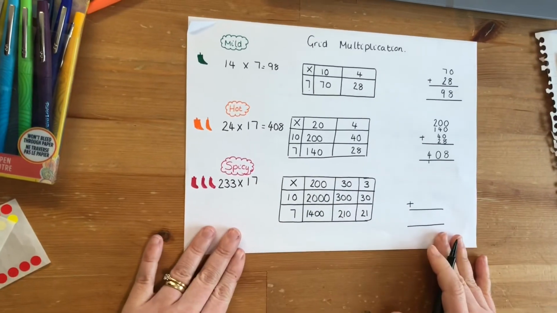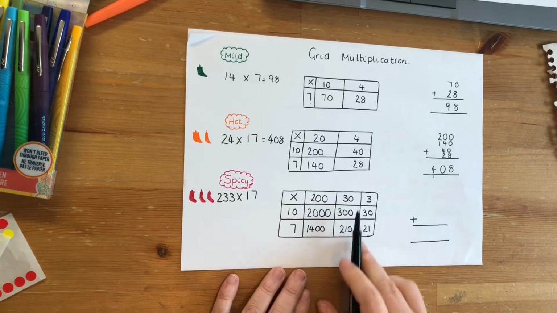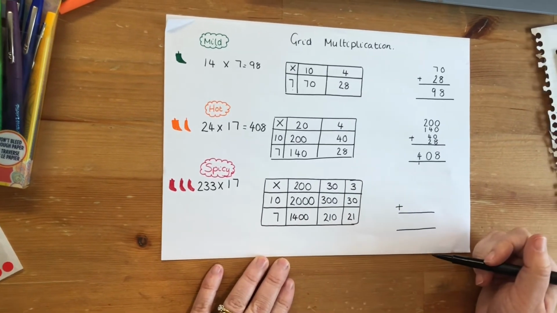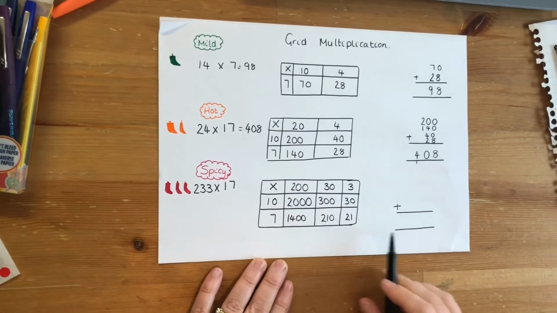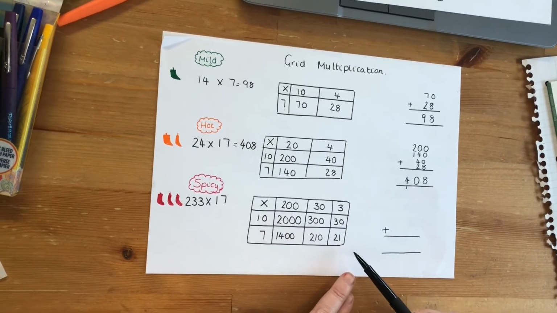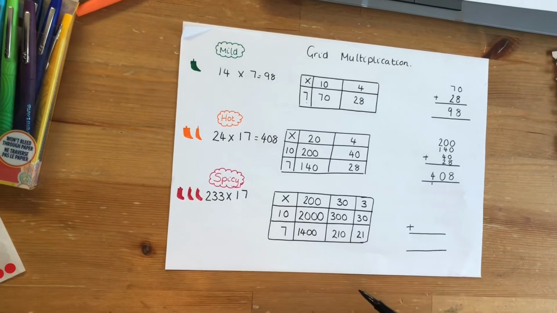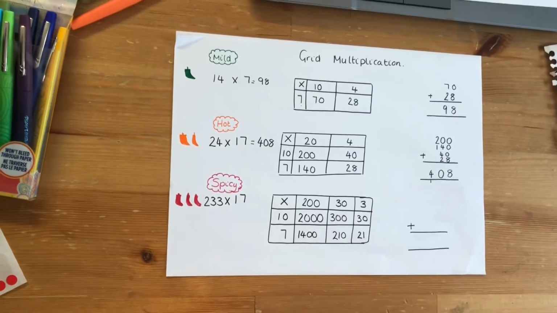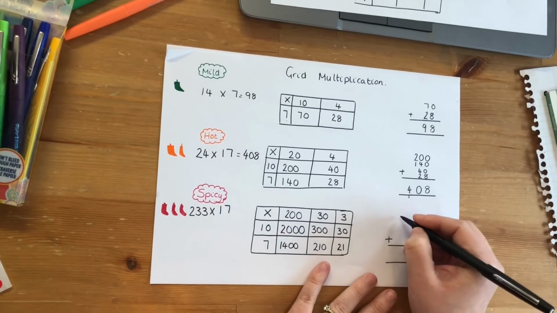Now again, it's really important because now we have 6 numbers we need to add together. So we need to make sure that they're definitely lined up. And again, I'm going to start with the largest number and work down to the smallest number because I know that's going to help me make sure they're in the right place in their chimney sum.